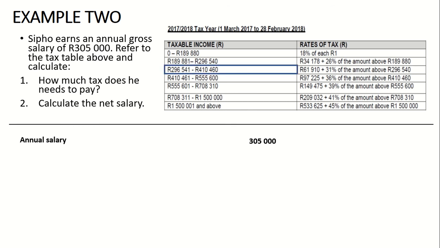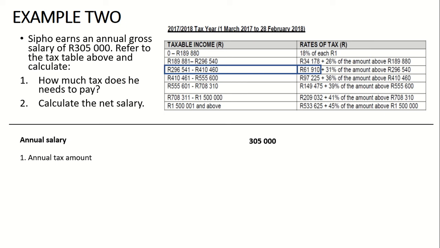So for you to calculate Sipho's tax amount, you will have to take that 61,910 as the part of your tax amount. So that is your tax amount. Any amount that exceeds 296,540 will have to be calculated. Tax on that amount will have to be calculated at 31%.